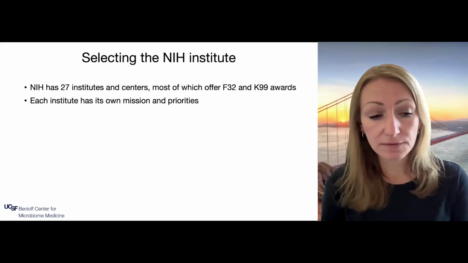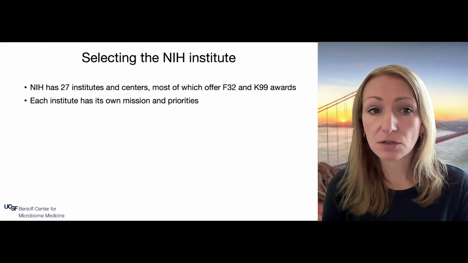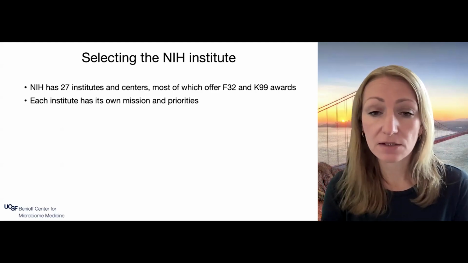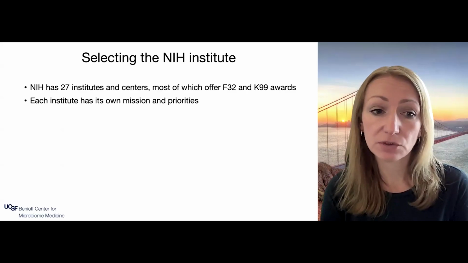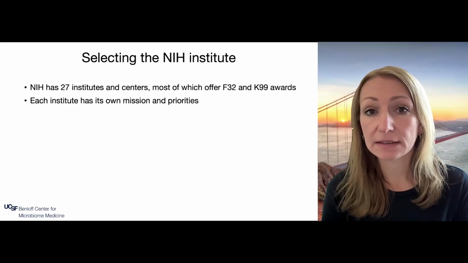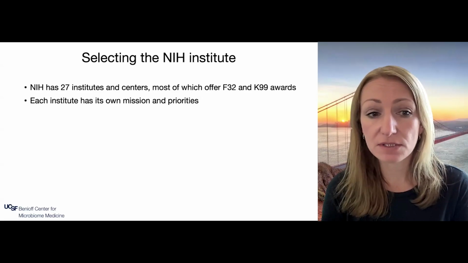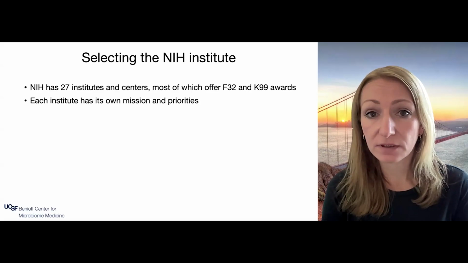So another thing to consider that is not necessarily necessary, but certainly helps in your application is to select an NIH institute and study section. NIH has 27 institutes and centers, and most of them, but not all of them, offer F32 and K99 awards.